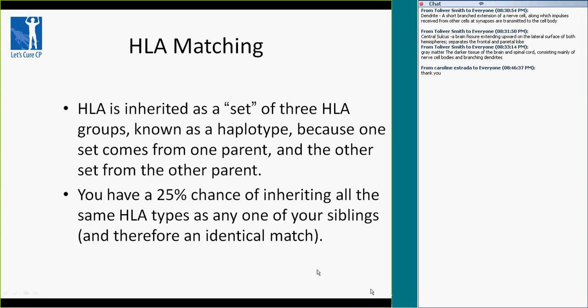There are also banks that can do HLA matching that might even give you a better match than your sibling's cord blood, if that's what someone is truly interested in. Correct. And on this slide, there's a 25% chance of having an identical match with any one sibling. So we can go to the next slide.